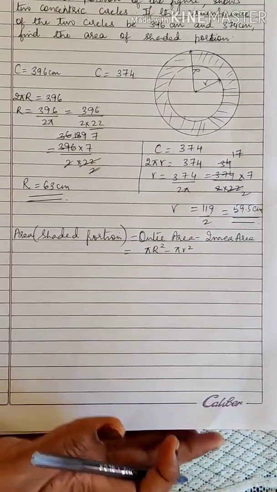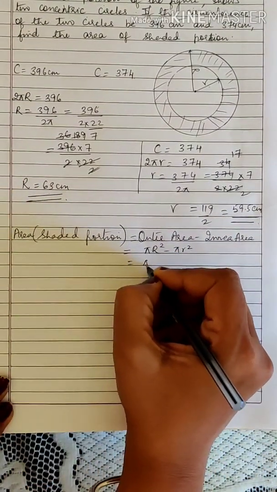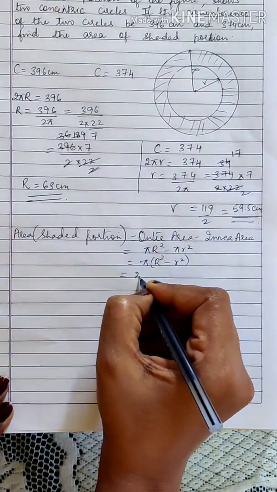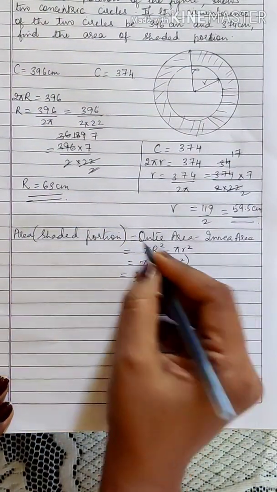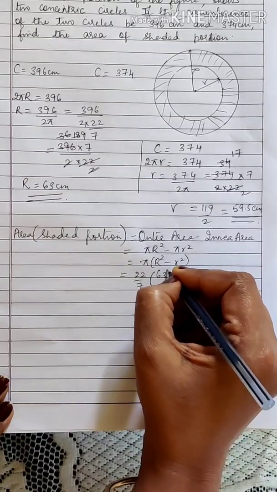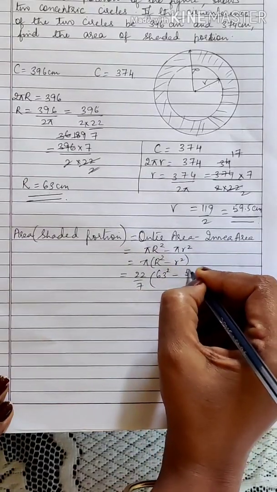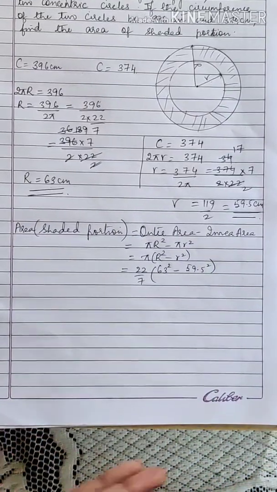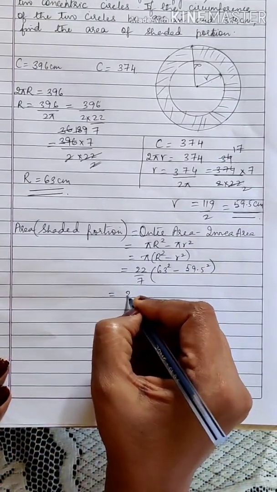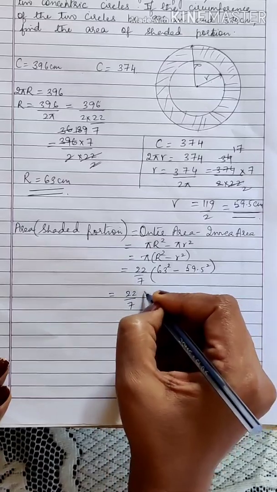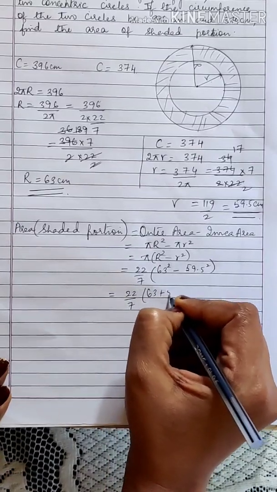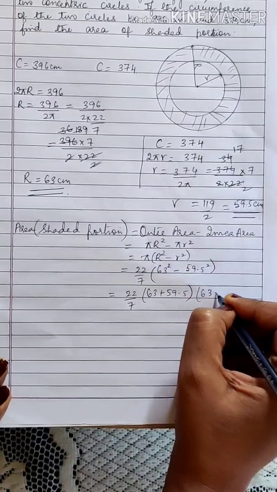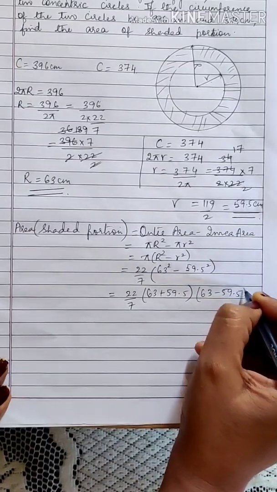So you will get pi of R square minus r square, which is 22 by 7. Capital R is 63 minus 59.5 whole square. Don't square 63, use a square minus b square. So you get 63 plus 59.5, 63 minus 59.5.